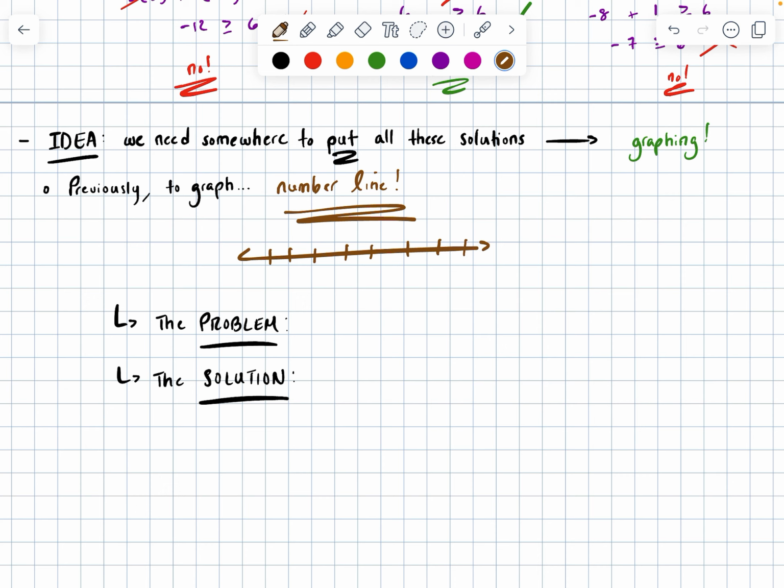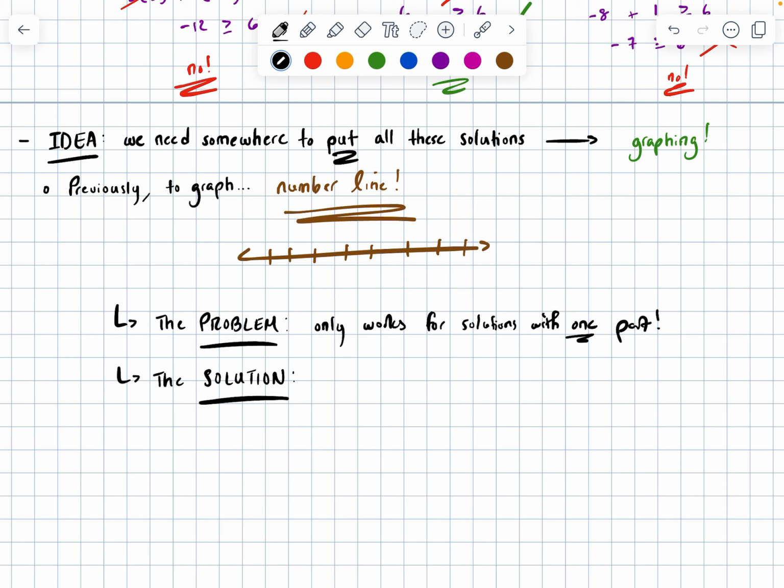Well, if I'm in 2 variable territory, the number line isn't going to be appropriate for collecting my solutions, because the issue is that on the number line, I can only talk about 1 variable. So the issue as it stands is that my number line only works for solutions with 1 variable or 1 part.